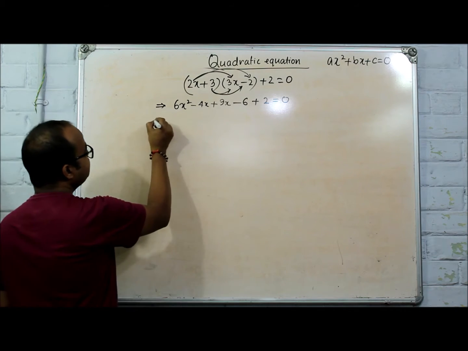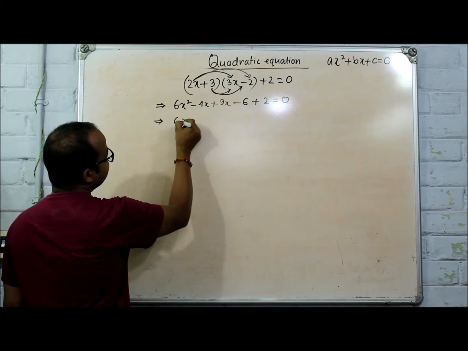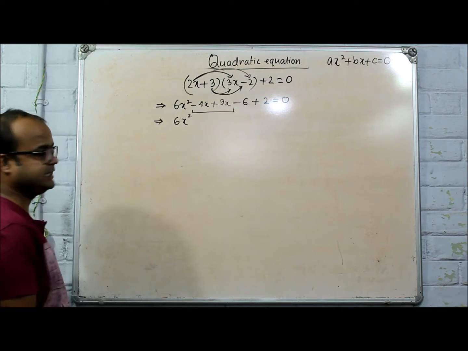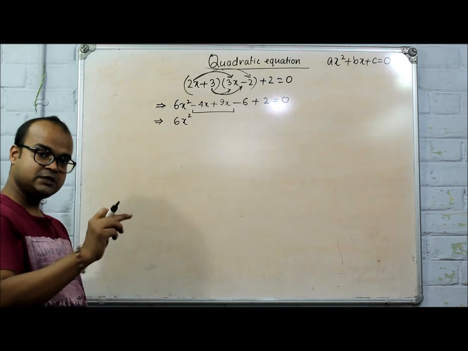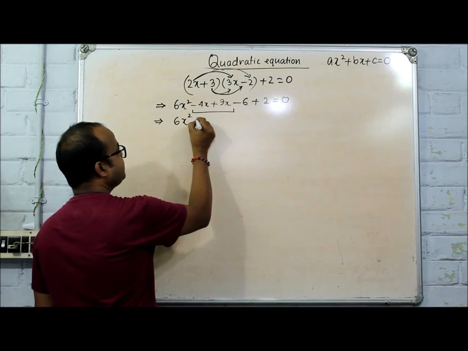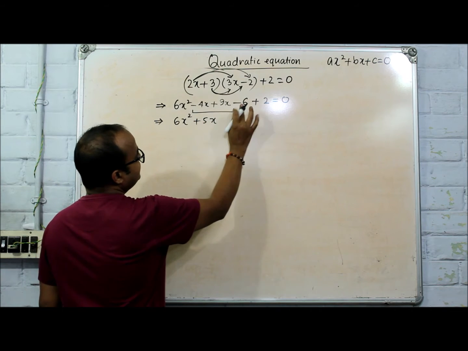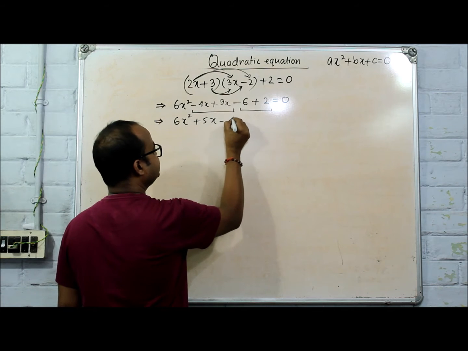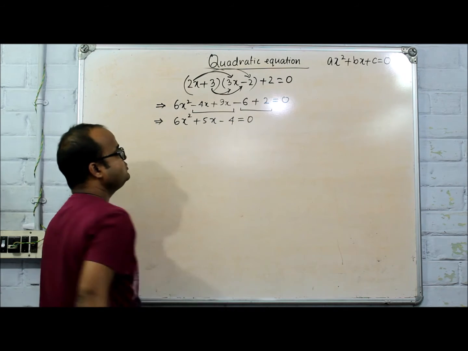Now we simplify. 6x square minus 4x plus 9x is equal to plus 5x. Minus 6 plus 2 is equal to minus 4 is equal to 0.